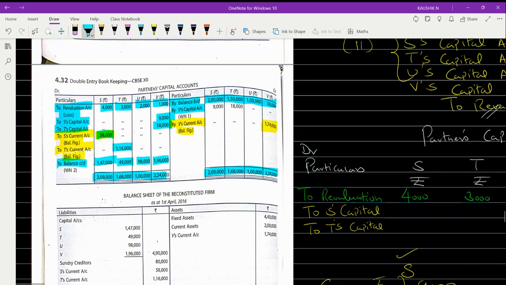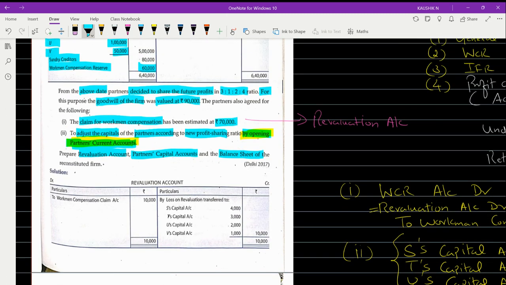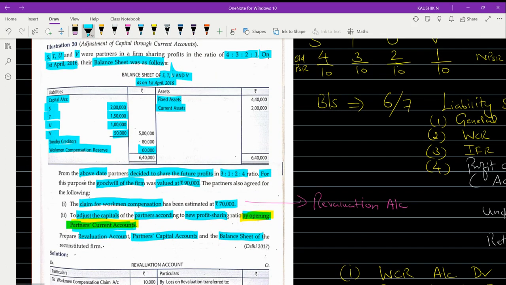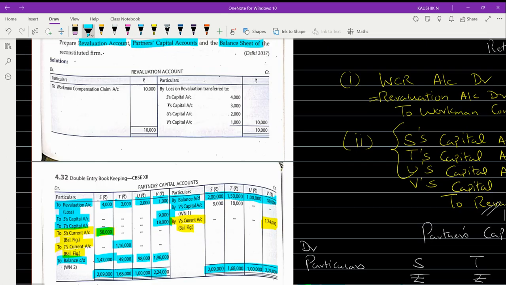Right. Now finally we are going to complete the balance sheet. As mentioned here, in the old balance sheet, the asset side has two items, fixed asset account 4 lakh 40 and current asset 2 lakh, which will appear as such.